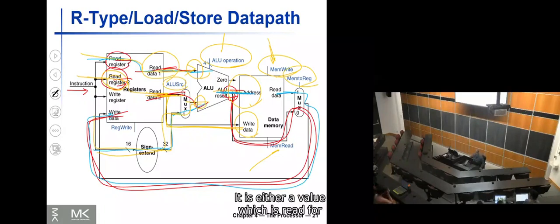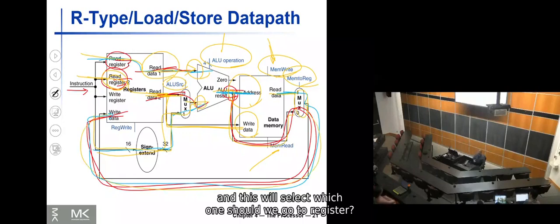It is either a value read for a load instruction from the memory, or a value calculated by ALU from an R format arithmetic operation. So it has two sources, either the memory or the ALU, and this will select which one should go to the register file.